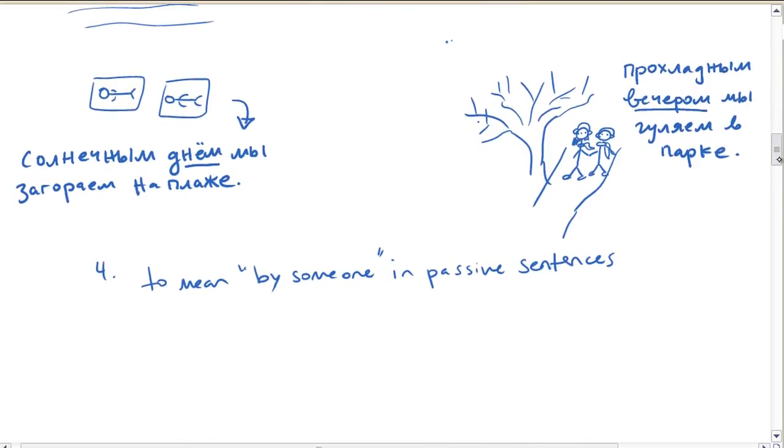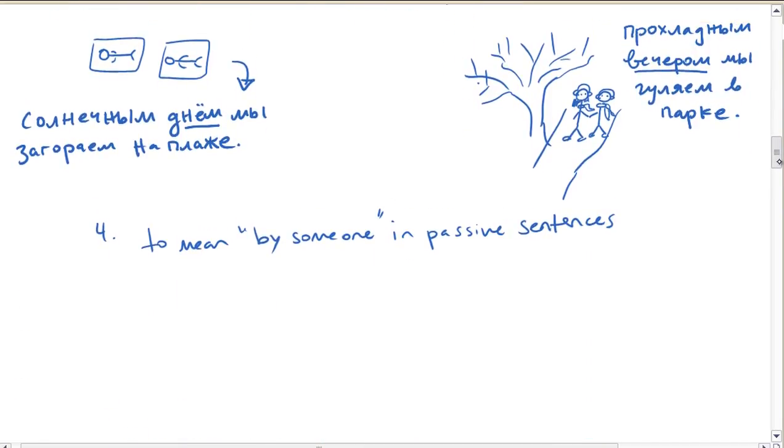So we also use the instrumental when we mean by someone in a passive sentence. So what is a passive sentence? Well, in English, we are encouraged to write in the active voice, which would be, for example, the teacher corrected the notebooks. So our subject is doing something to a direct object.